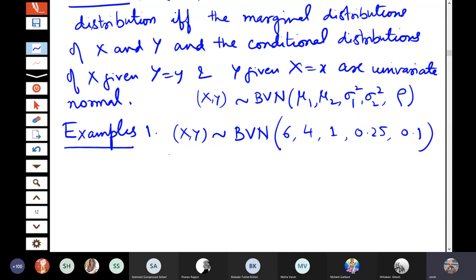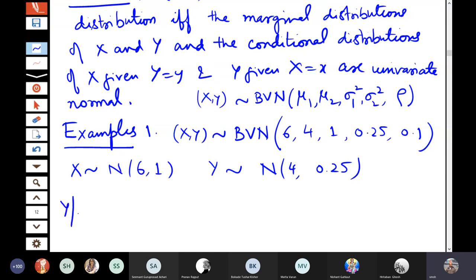So here what will be the marginal distribution? X will follow normal (6, 1). What will be the distribution of Y? That will be normal (4, 0.25), isn't it? For example, what will be the conditional distribution of say Y given X?